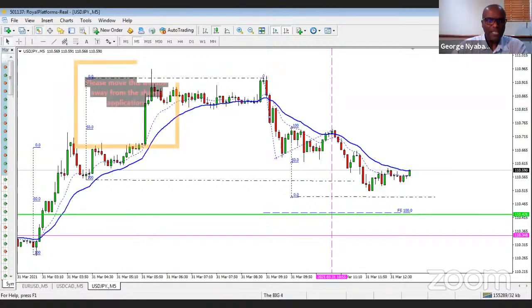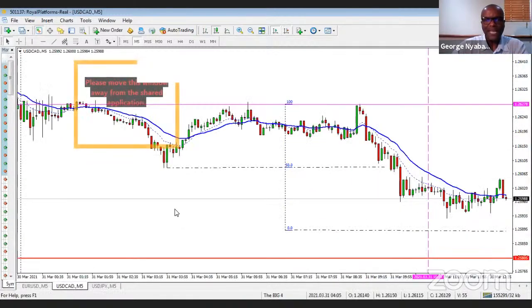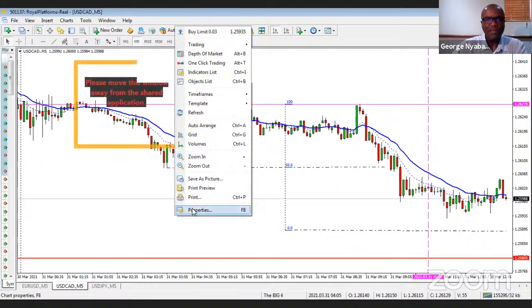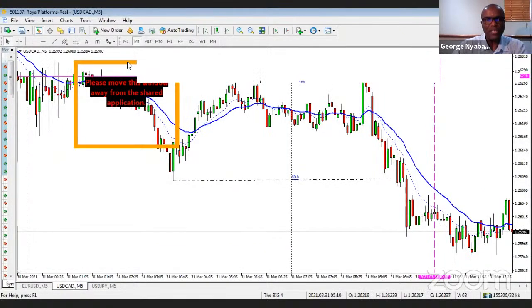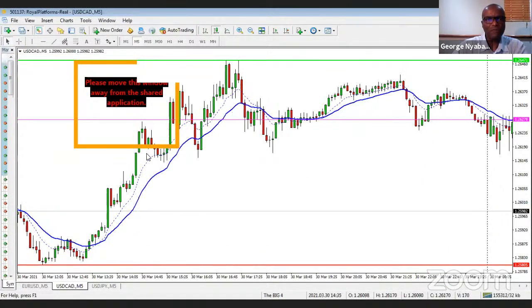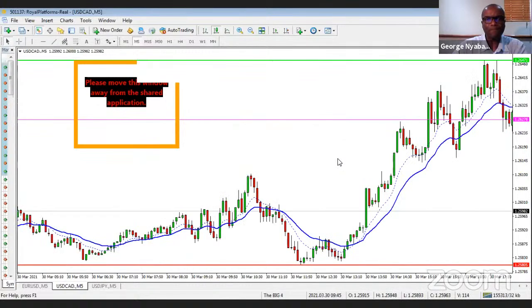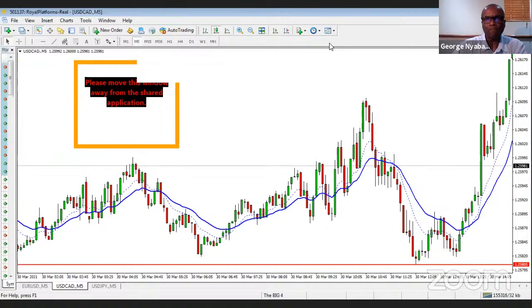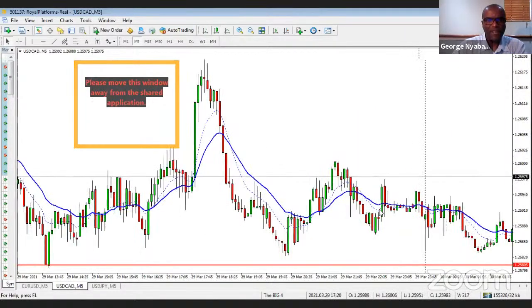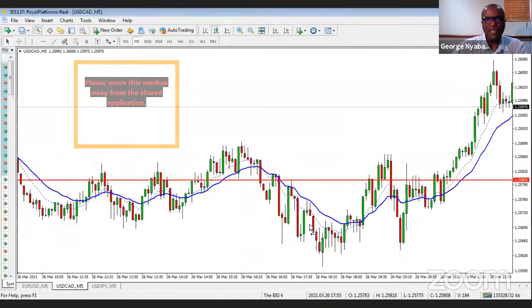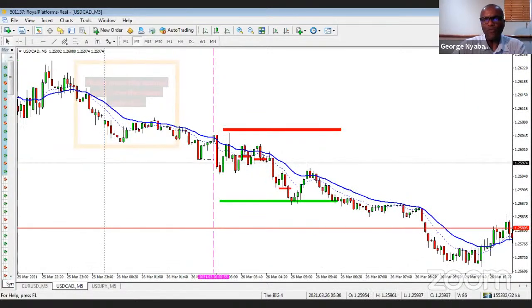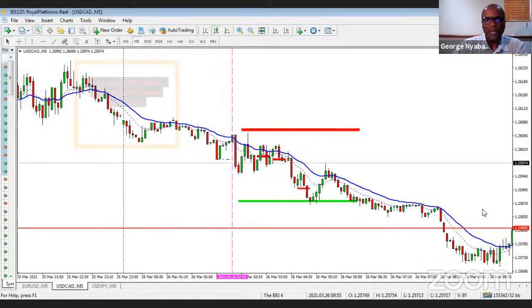So let's have a look at the CAD very quickly. I'm just going to pull it up. So we're going to go back to the 26th of March. And I've marked it for you guys so that it's easier for all of us to follow.